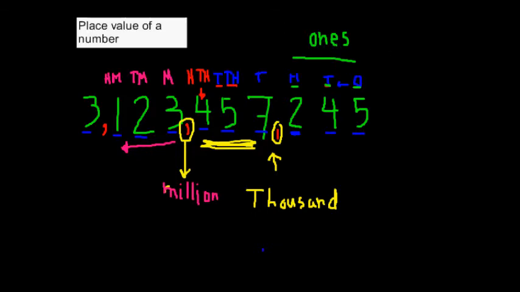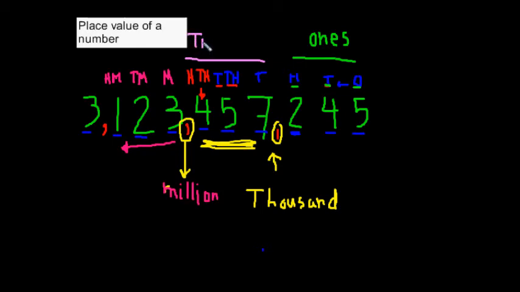Now, what happens with the numbers in this part? All these numbers, 4, 5, 7, are in thousands. So these numbers are in thousands.